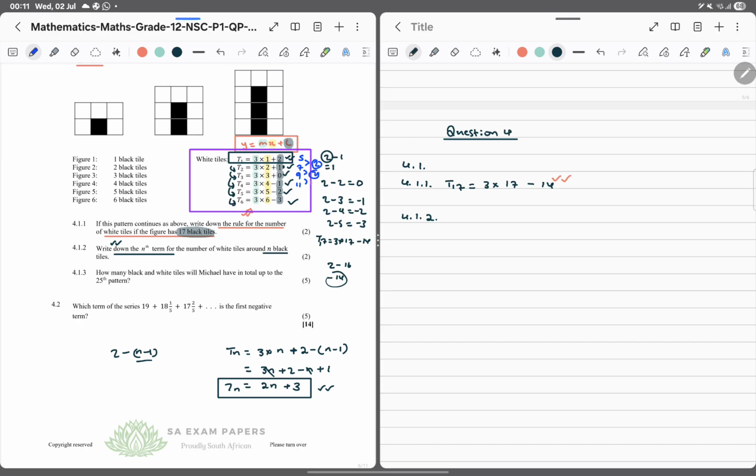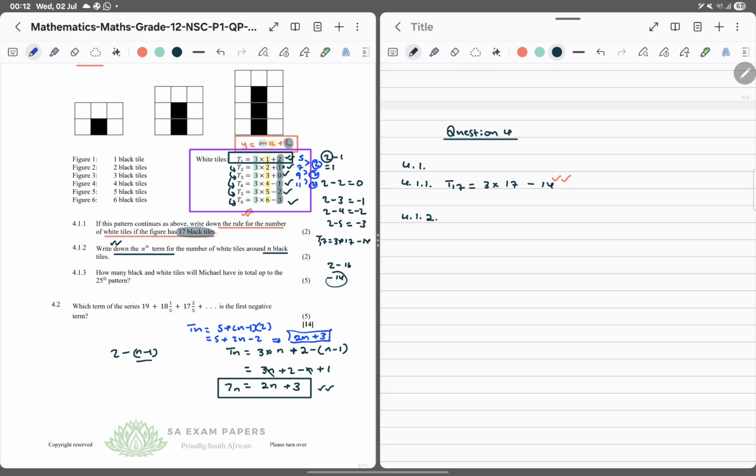This is 2. So this is arithmetic, so we can follow that and say Tn is going to be A, which is 5, plus n minus 1 times d. So this is going to be 5 plus 2n minus 2, which is going to be 2n plus 3. It still comes out.